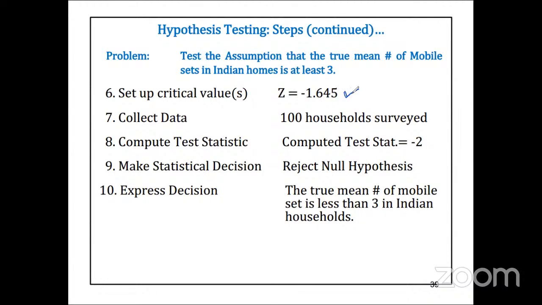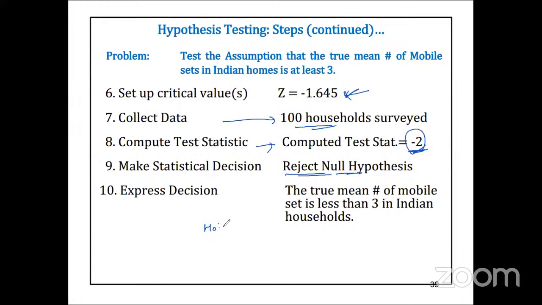This critical value will be used to take the decision. Based on the collected data, I have done some calculation. Software has computed the test statistic. The value of that test statistic was, suppose, -2. Based on this computed test statistic value and this critical value, I'm reaching a decision that the null hypothesis should be rejected.